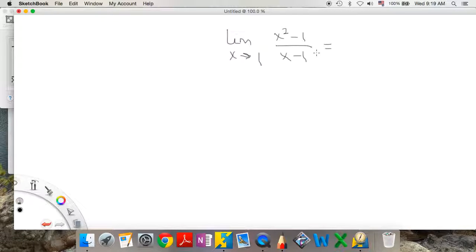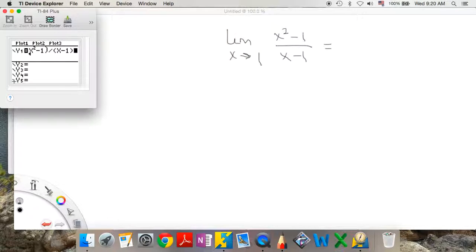Now, if you look at this one, you see that if we plug in 1, we're going to get something undefined. So we can't just plug in 1 for this. So let's look at the graph. If you plug it in and graph it, you see that it looks like a line, and it actually looks like it's smooth and continuous there.